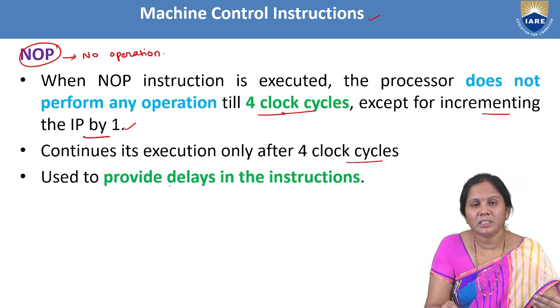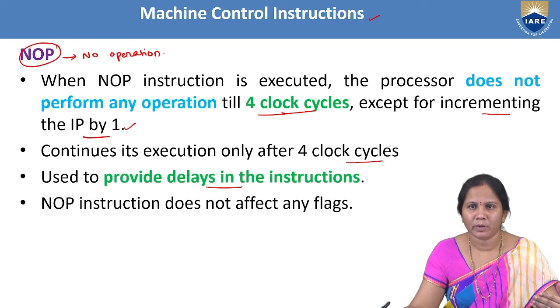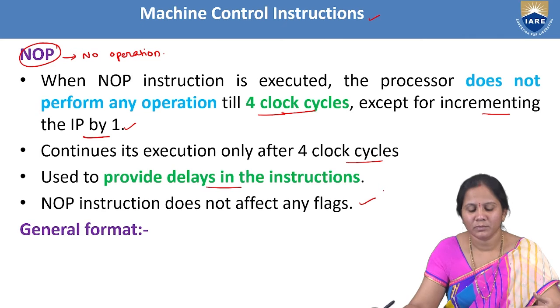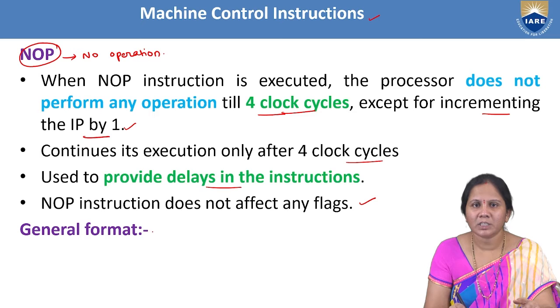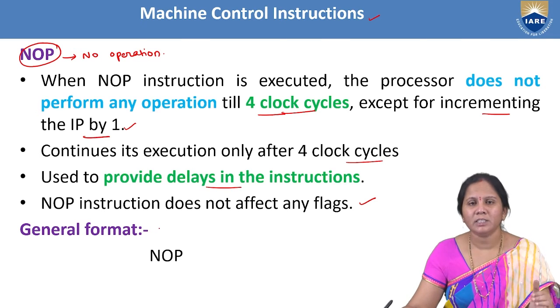Generally this NOP instruction is used to provide delay in the program. When NOP is executed, it will not show any effect on the flags. The general format of this instruction is NOP. Totally, it produces a delay of 4 clock cycles in the program.